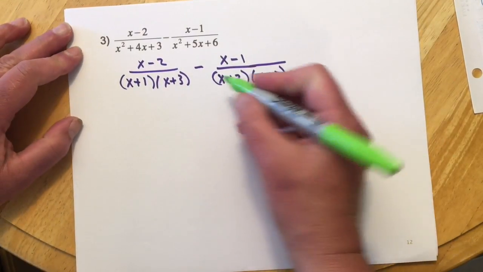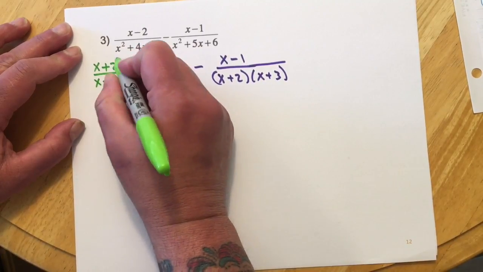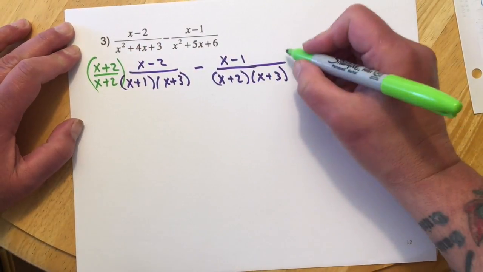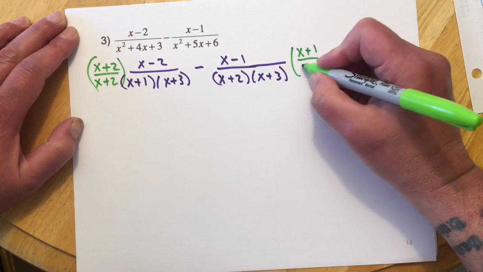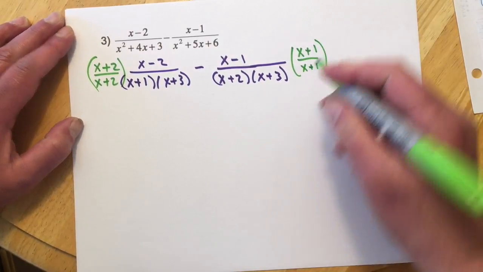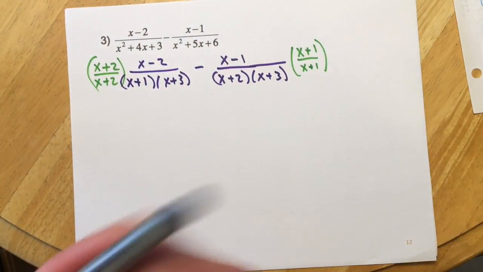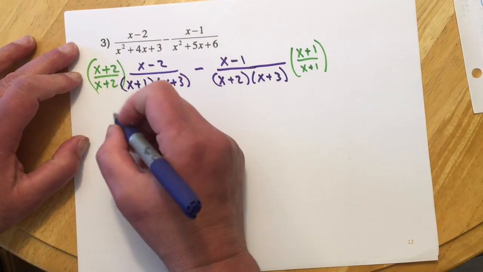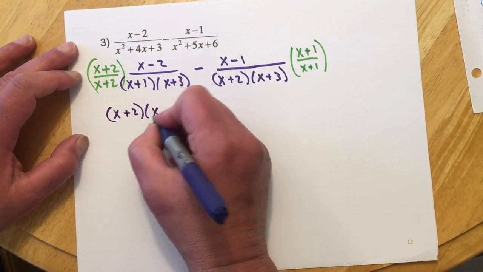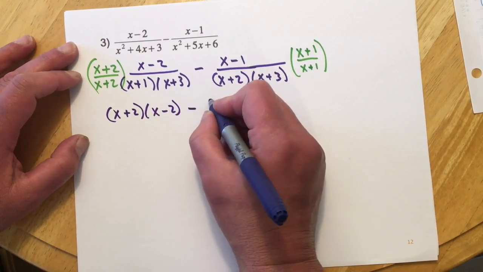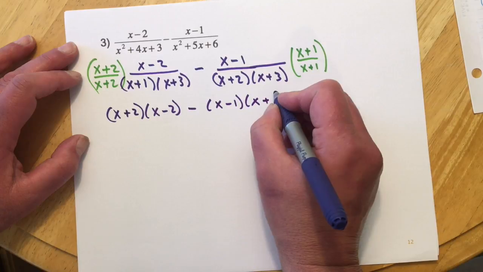This one's going to need the x plus 2's. And this side is going to need the x plus 1's. So this is going to be x plus 2, x minus 2 minus x minus 1, x plus 1.